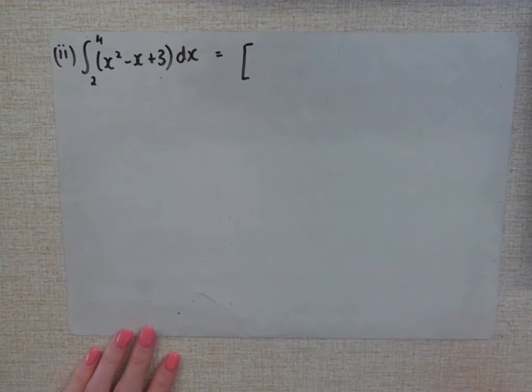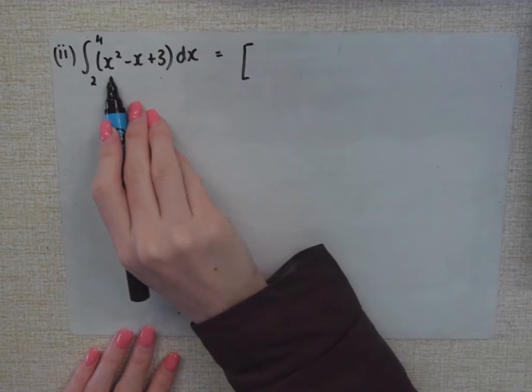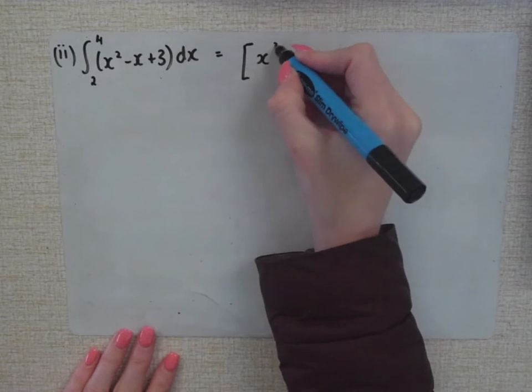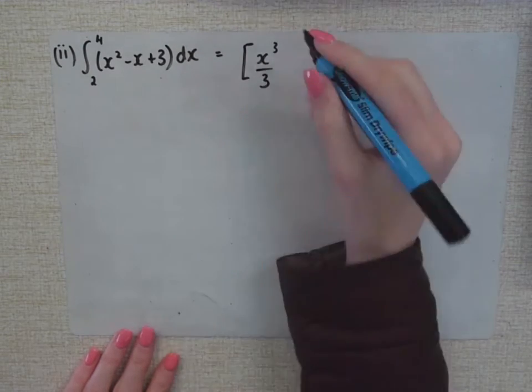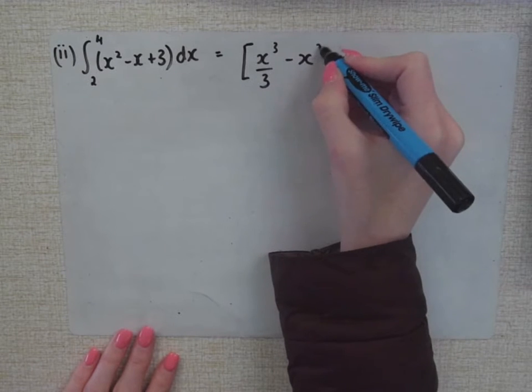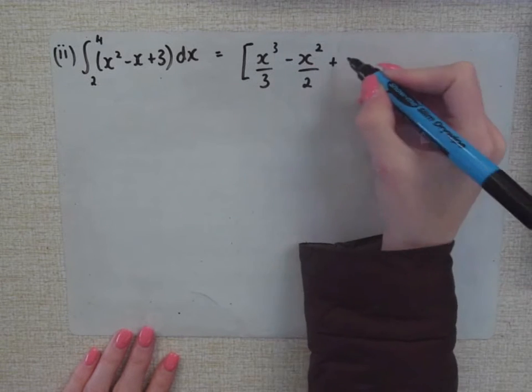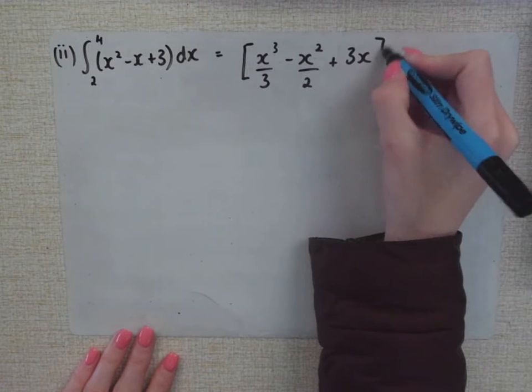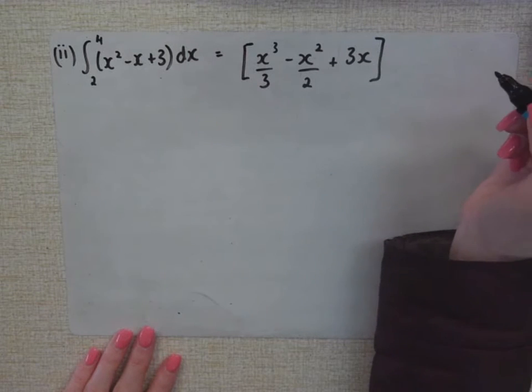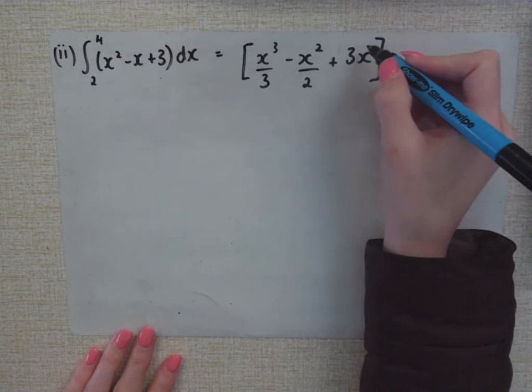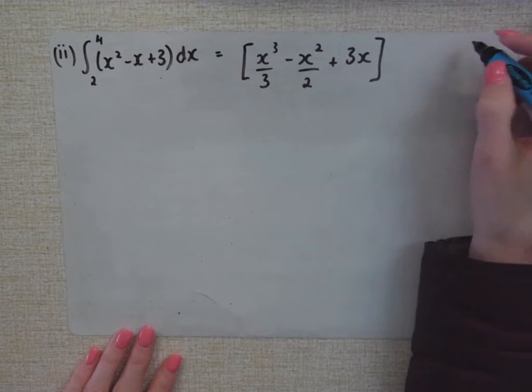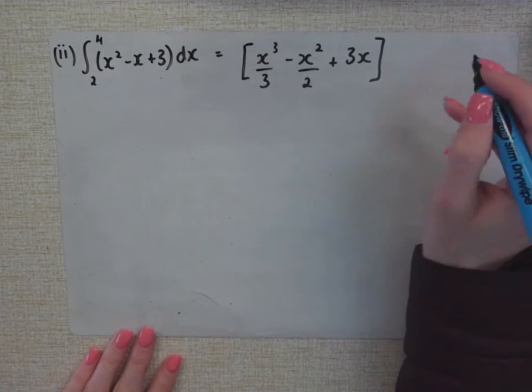When you integrate it, you get your square brackets. So integrate x squared: x cubed over 3 minus x squared over 2 plus 3x. Okay, you don't need the plus c here because you're adding on a c, and then when you're filling in your other limit, you're taking away a c, so they cancel.